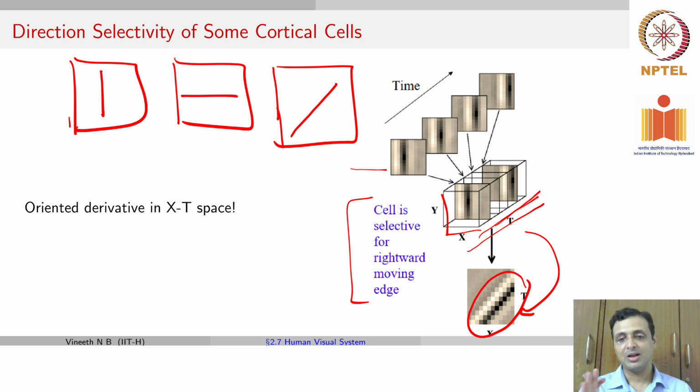So t comes from the movement in one direction, and x edge is the edge that it actually is. Remember, this is a vertical edge, so you're going to have change along the x direction, and you'll have change along the t direction because it's also a moving edge. So an oriented derivative now need not be just in xy space, which is what we've seen so far, but it can be in xt space, yt space, and so on. So remember that the concept of an oriented edge detector is very different in the human visual system because of the concept of time.